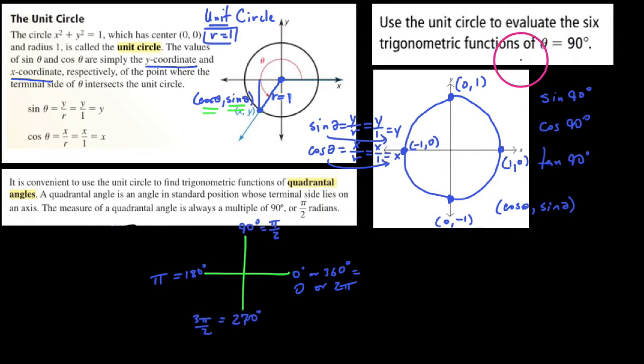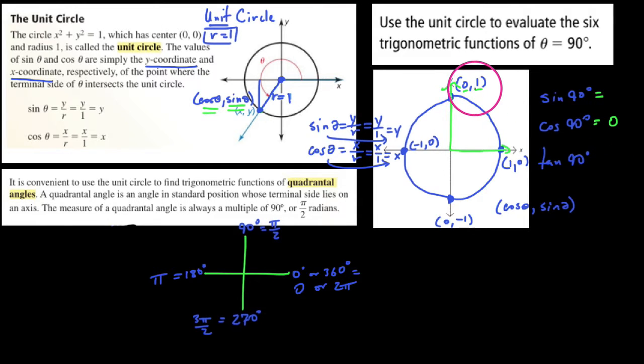So when we talk about sine of 90 and cosine of 90, first we sketch the 90-degree angle. Here's our 90-degree angle, and we have the cosine of 90 degrees and the sine of 90 degrees right there for us. Because on the unit circle the cosine value is the x value, the cosine of 90 degrees is 0.